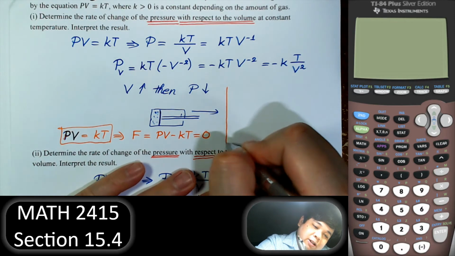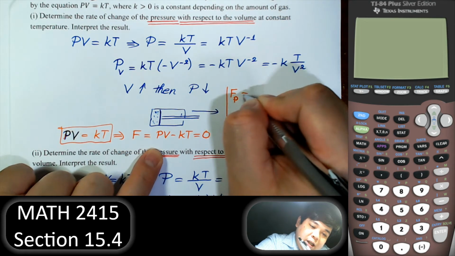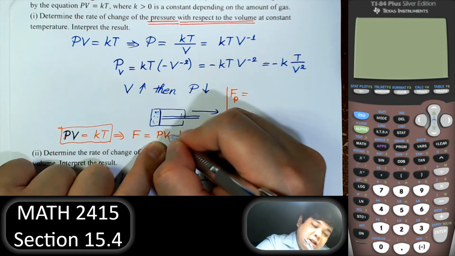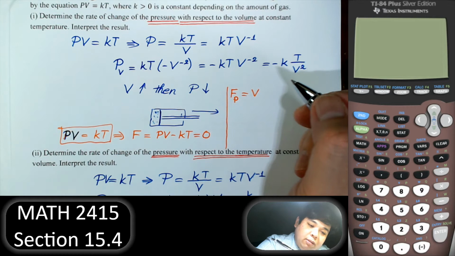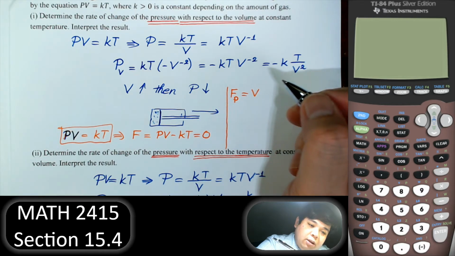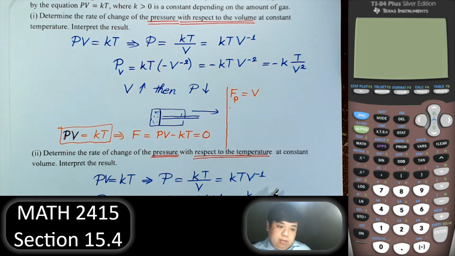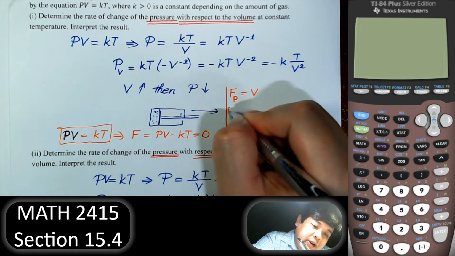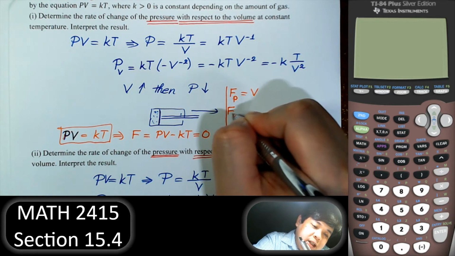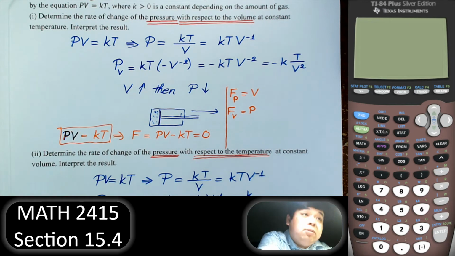Now, from here we can say derivative of F with respect to P, everything else constant, so just V. And derivative of F with respect to V is P. Right?